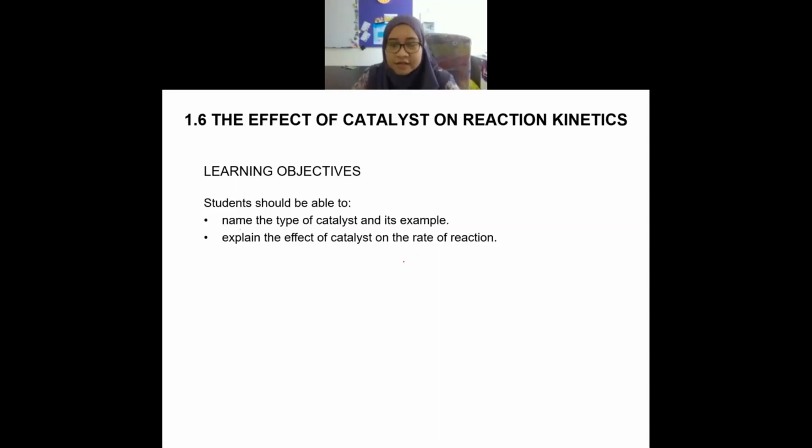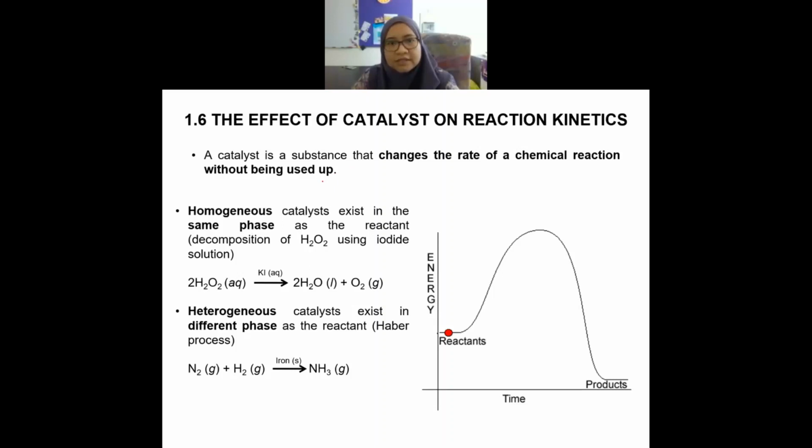So this is another factor that can affect the reaction kinetics. So what is catalyst, guys? A catalyst is a substance that changes the rate of chemical reaction without being used up. Remember last time we had factors affecting the reaction rates?